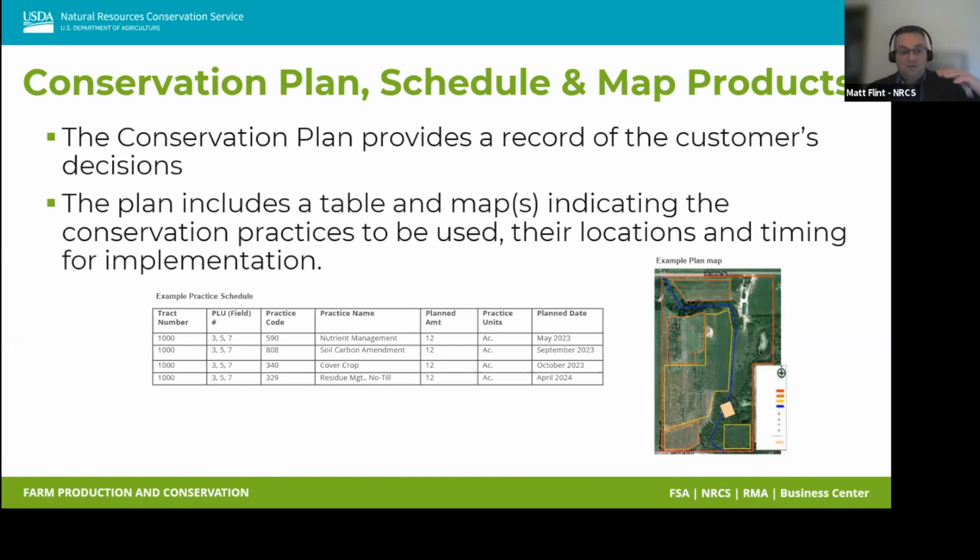We're going to apply the soil carbon amendment in September, maybe after the crop comes off, and then a cover crop immediately after incorporating the soil carbon amendment. Then follow that cover crop in April of the next year, prior to the next planting, with residue management no-till. It's just a hypothetical, but the idea is this is what a plan from NRCS looks like in a very general sense, accompanied by the map that shows where the treatment is being applied on the right.